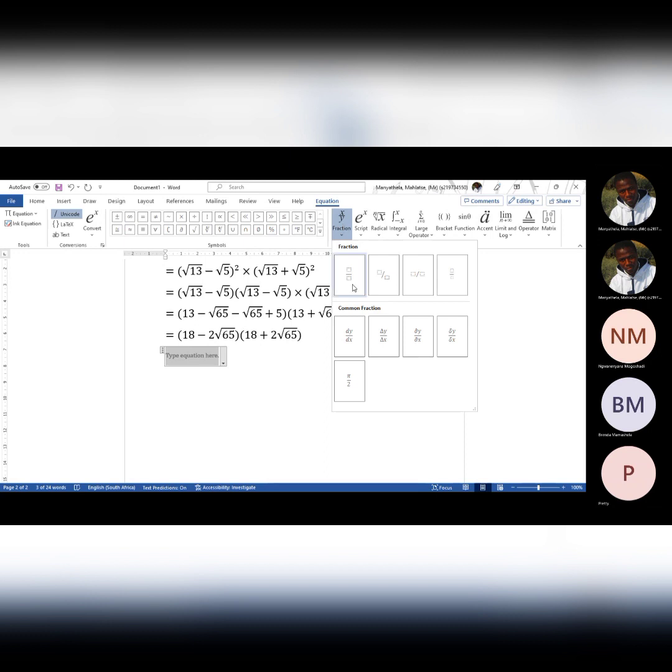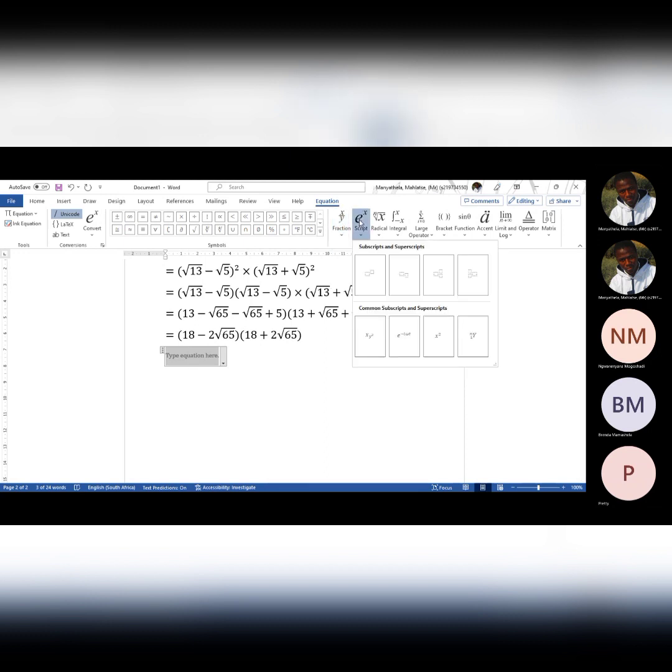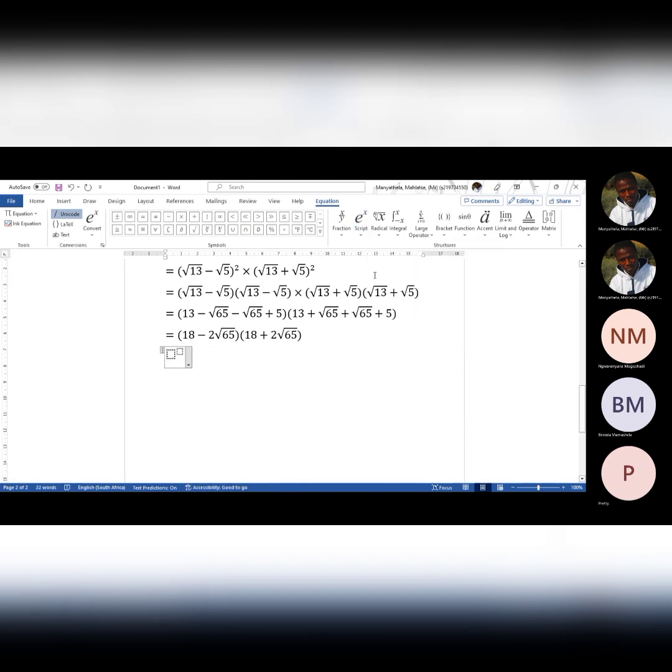If renal is something like this, it's x squared minus y squared. X squared minus y squared. Yes.